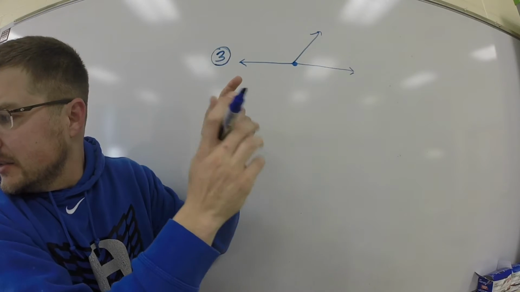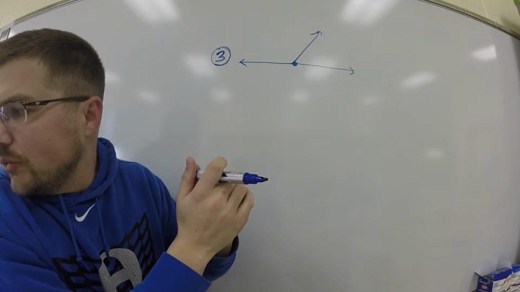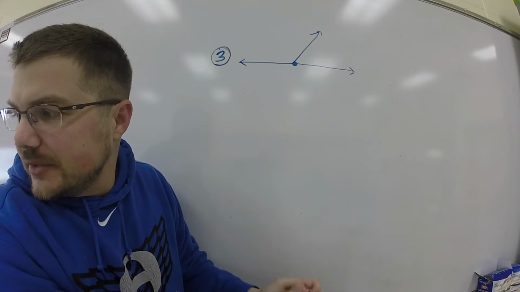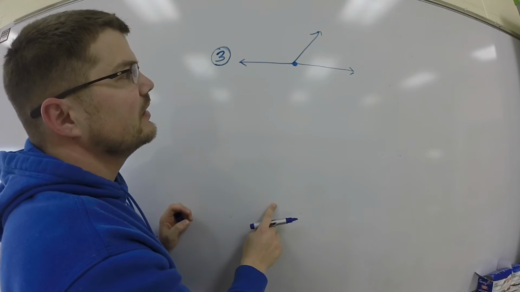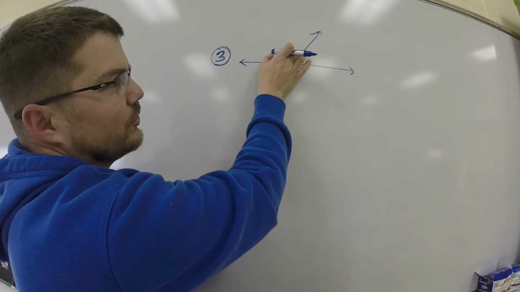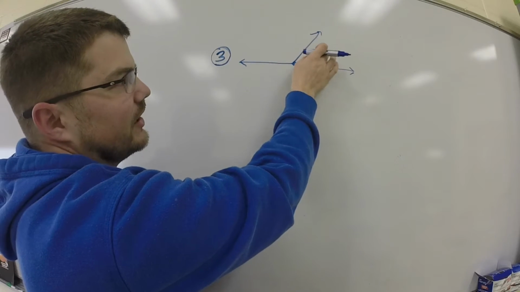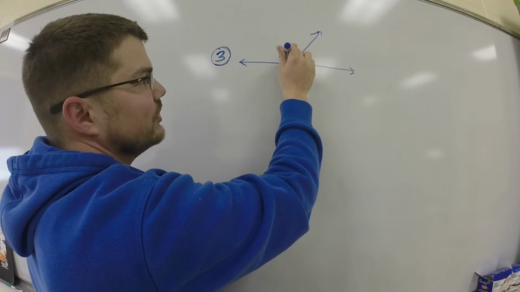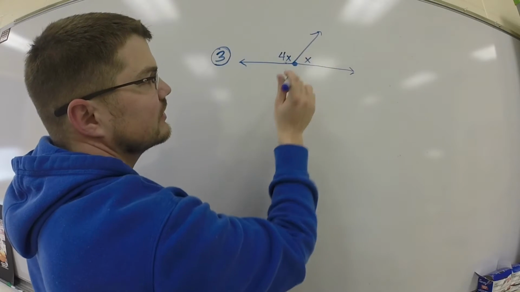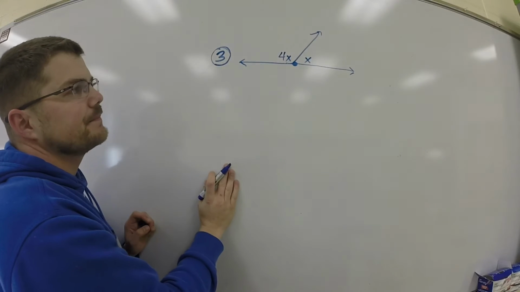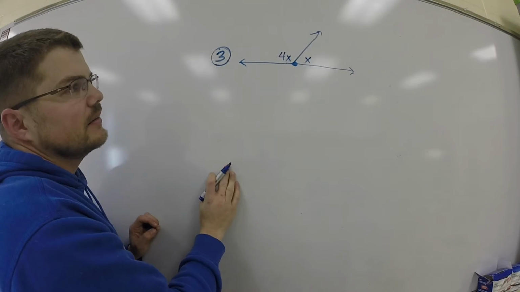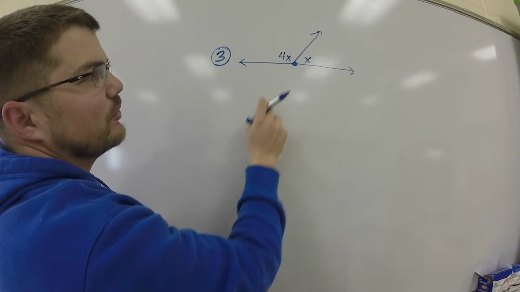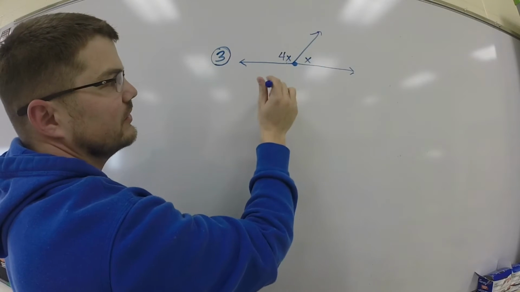And it says the measure of one angle is 4 times the measure of the other angle. So the bigger angle is going to be 4 times the other angle, so we can call this one 4x or 4a, whatever variable you want to use. 4x and x. Okay? And so I know that this angle plus that one is 180 because these are supplementary.